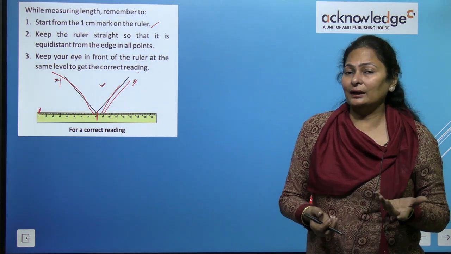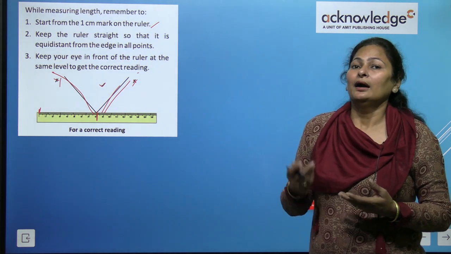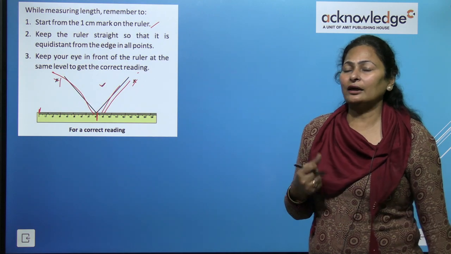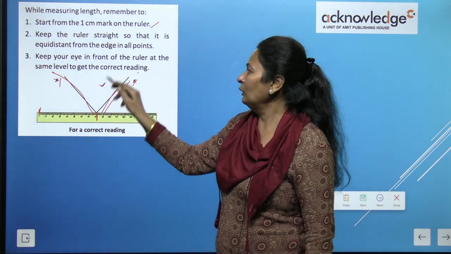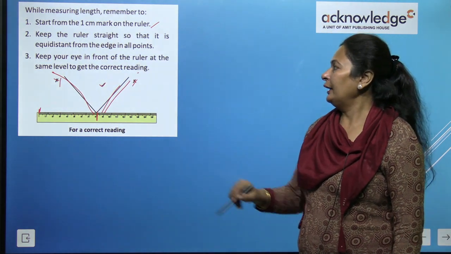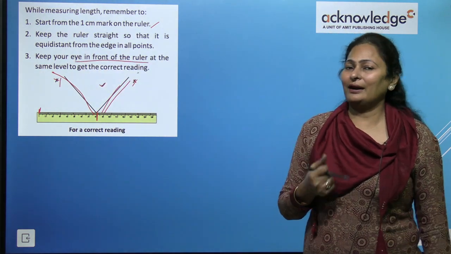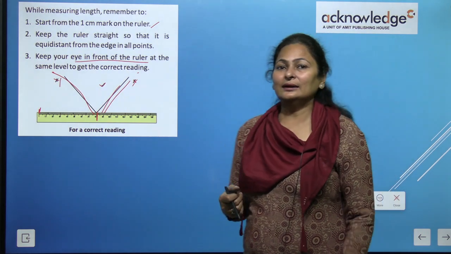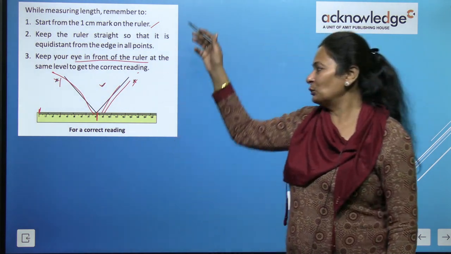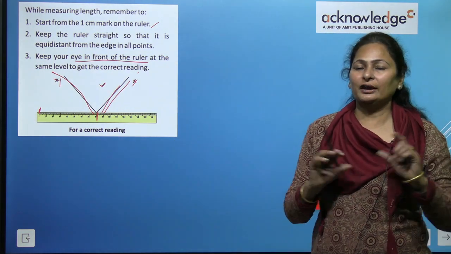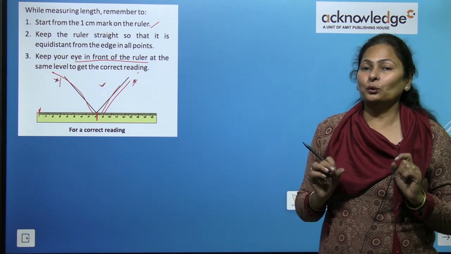Or maybe it can be 8 or 8.5 centimeters. But to avoid this confusion, we should always keep our eye in front of the ruler at the same level to get the correct reading. So we should follow these rules while we are measuring with the ruler.